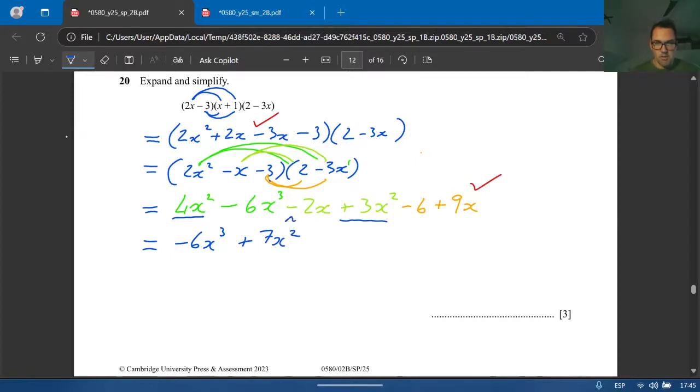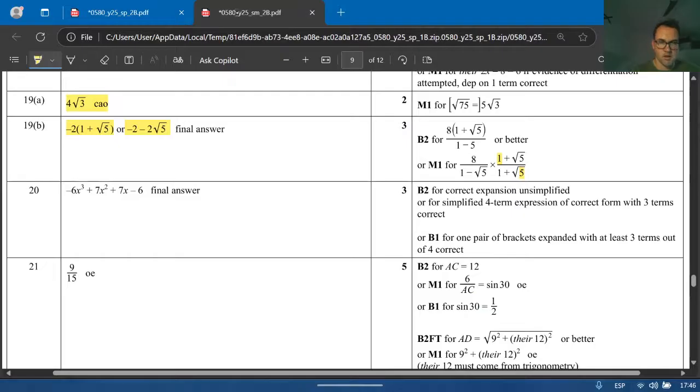Next, we got the minus 2x plus 9x. You can say it's 9x minus 2x, so that will be plus 7x. And then there's just the minus 6, no other numbers. That's the final answer. Minus 6x cubed plus 7x squared plus 7x minus 6. Okay, there we go in the mark scheme.